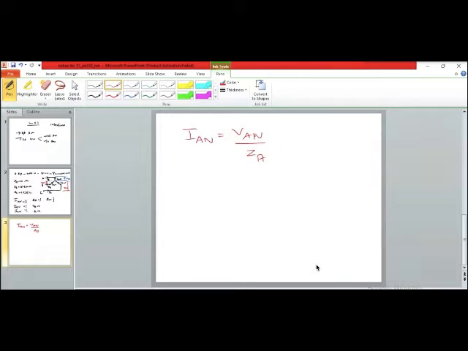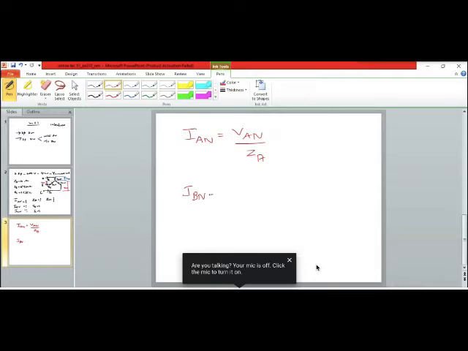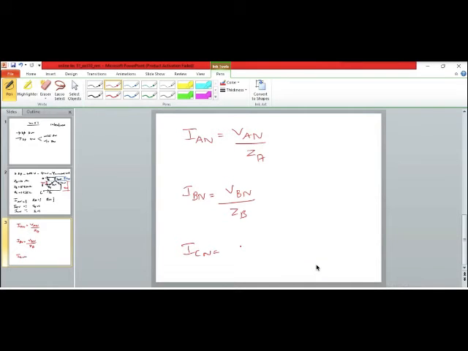VAN is the phase voltage in A phase, and ZA is the impedance in phase A. Similarly, IBN is equal to VBN by ZB. Similarly, ICN is equal to VCN by ZC. So this is how you calculate the phase currents, which are equal to the line currents.